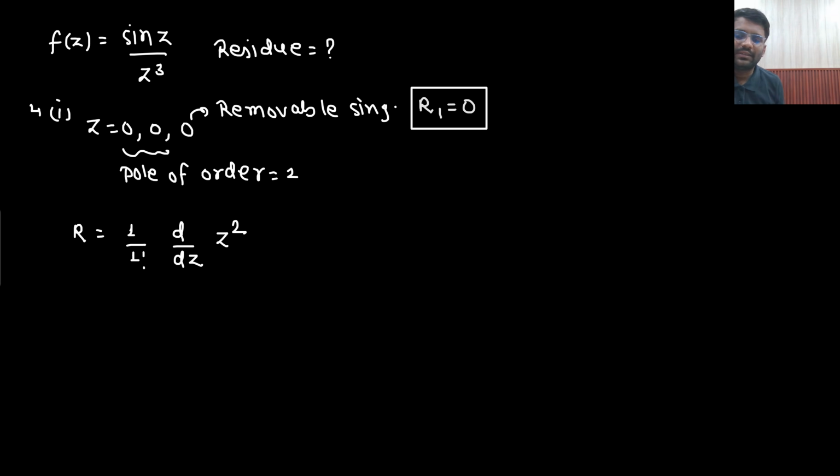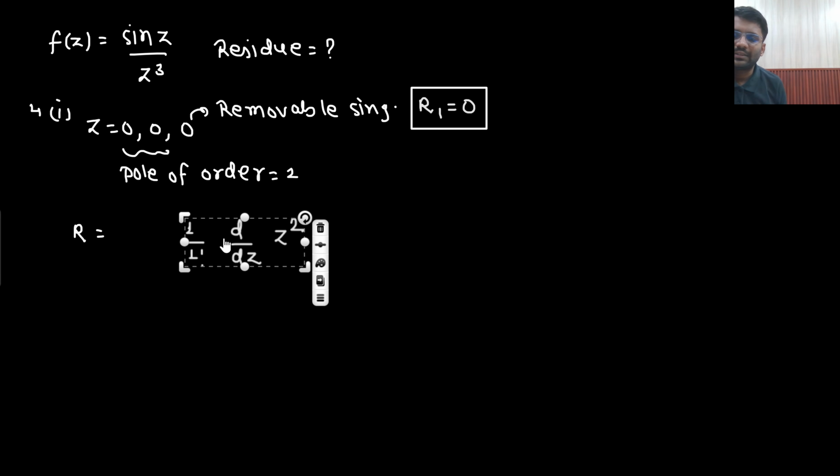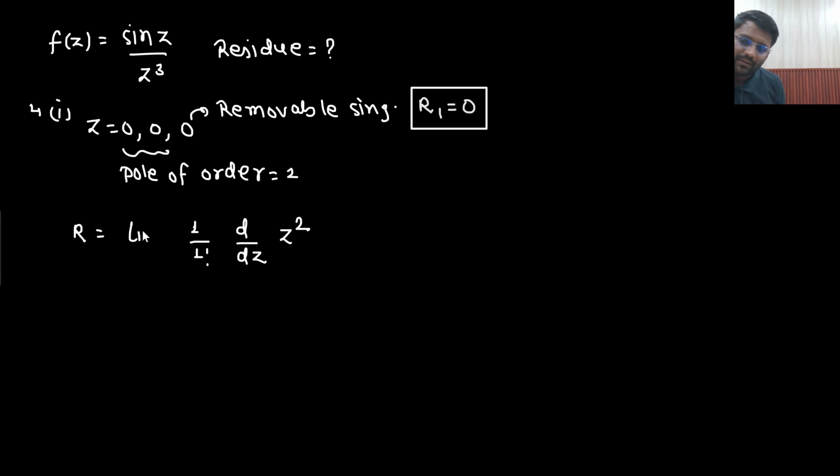Because you are finding out at z tending to 0, the limit z tending to 0 of z square f of z, which is sin z by z cube. So what are you getting?